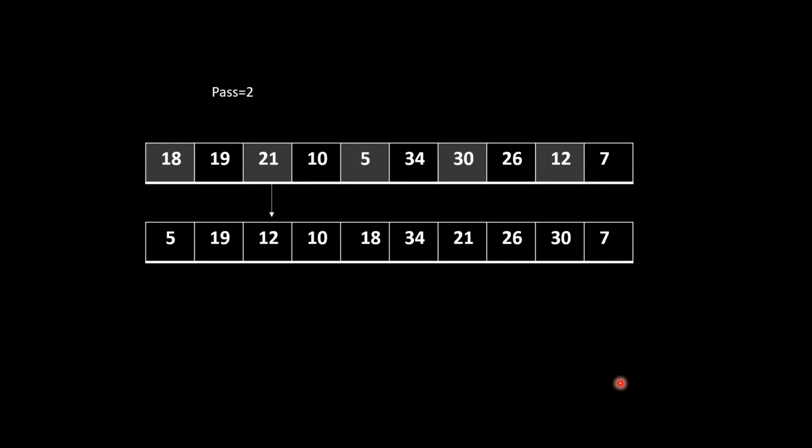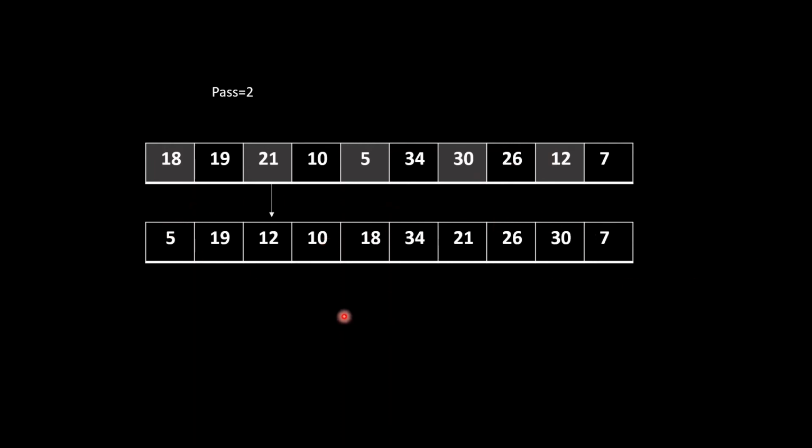The elements in the first subarray are at index 0, 2, 4, 6 and 8, which are elements 18, 21, 5, 30, 12. These elements in the first subarray will be sorted using insertion sort. After sorting, this is the array we get.